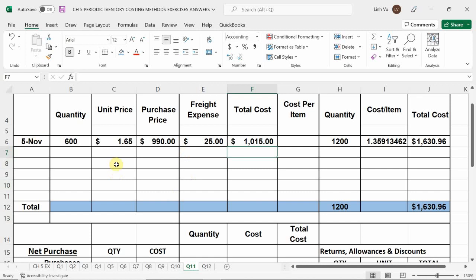And we don't care to solve for my average cost because it won't matter. Okay, I'm going to go ahead and pull down my formulas to help us calculate this. Okay, so let's see.